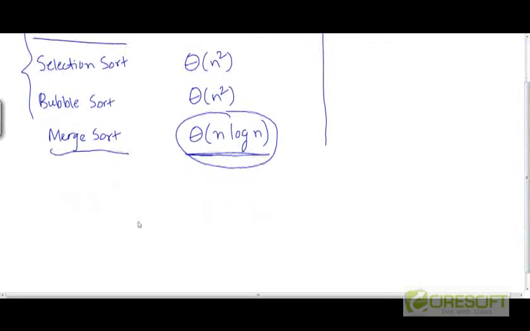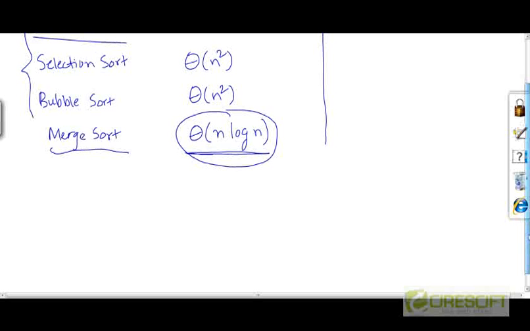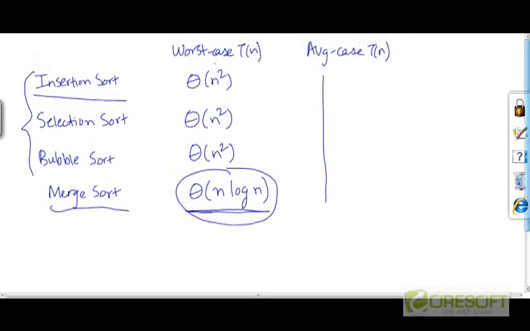So what I want to emphasize here is that we are guaranteed that merge sort will outperform all these three algorithms when n becomes very large. But for smaller values of n, it's not necessary that merge sort is going to be the best algorithm.